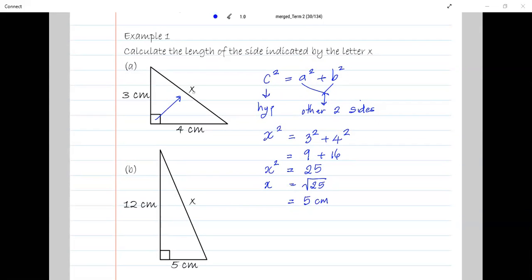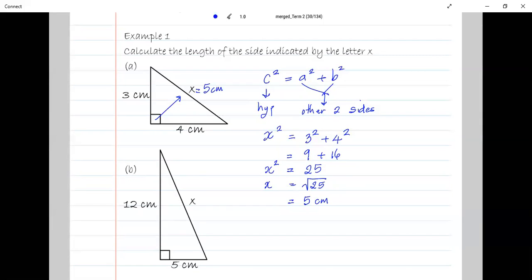So the length of the side X, which is the hypotenuse, is 5 centimeters. Please note, the hypotenuse had to be longer than 3 and had to be longer than 4, because the hypotenuse is the longest side of the right angle triangle.